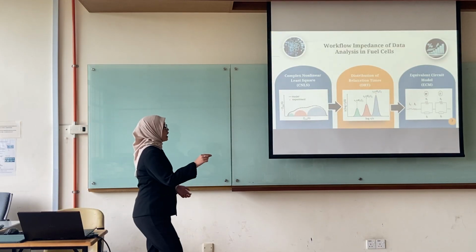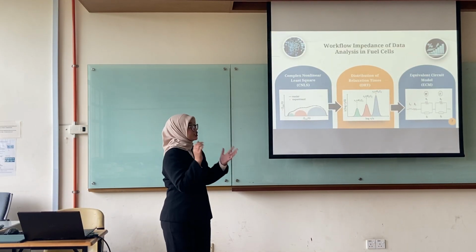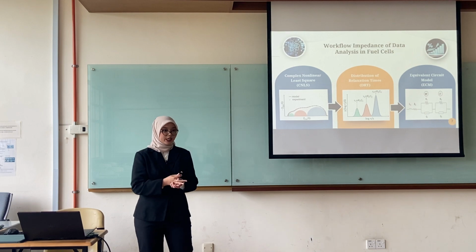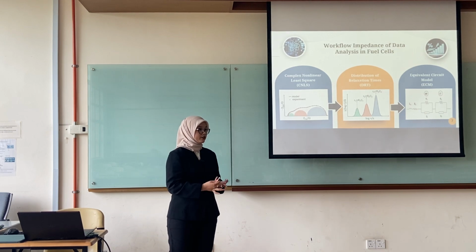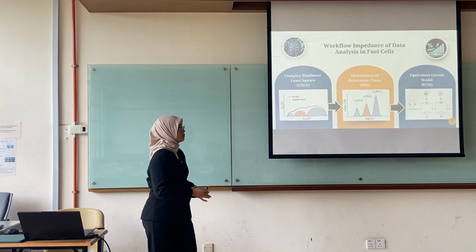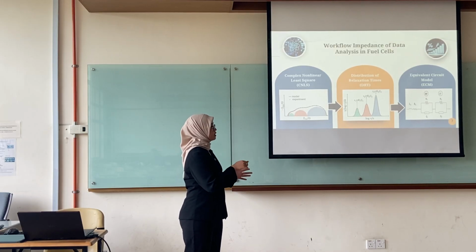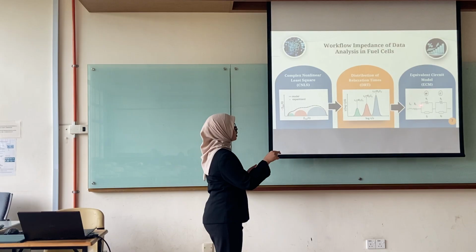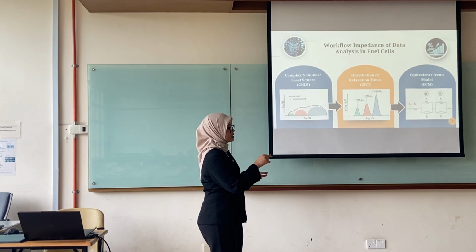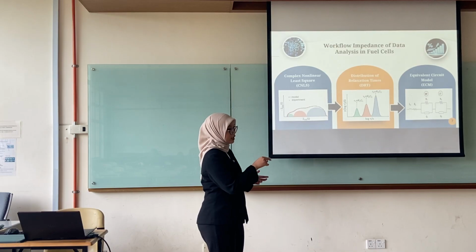Clearer, DRT has three frequency ranges: high frequency, middle frequency, and low frequency. Any peak in the high frequency will be plotted here as LS and RS, which is the BCZY electrolyte.